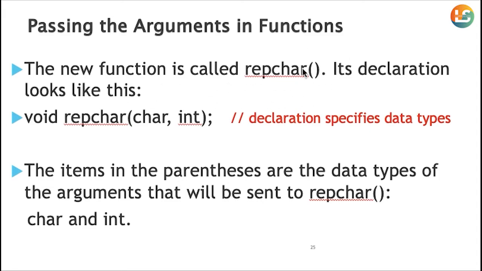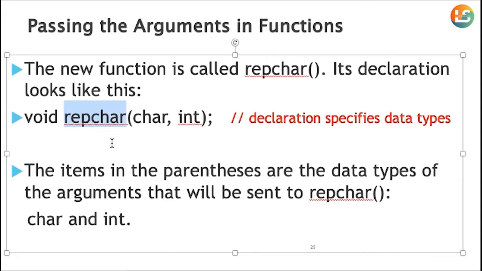Function name, we changed it to repchar, and after that we add brackets, and within those brackets we need to add the arguments or the parameters. As we have already discussed, we have two types of parameters in it. What we need to tell the function is which character it needs to print and how many times it needs to print. So the first parameter is going to be char, the character, and the second parameter is going to be the integer number.